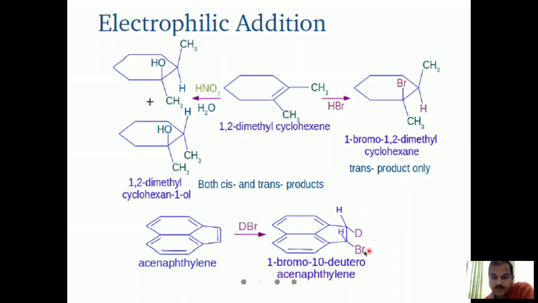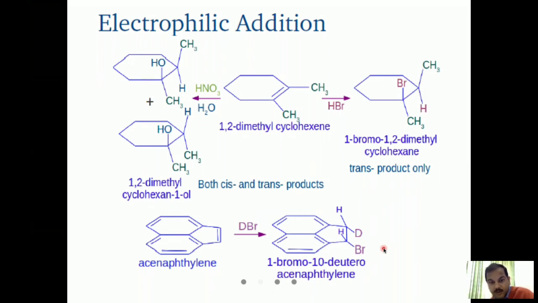If they bind from the same side, what is the meaning of this? It means this will not form a cyclic transition state, or it is forming a carbocation, which will be favored if both attack from the same side. Another point is, if bromine attacks first, then which side is open?